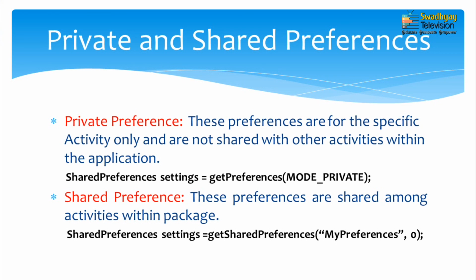The first argument specifies the name of preference which is stored in form of file. So, this is how you can create instance of private or shared preference. Difference is clear. Private preferences are used by particular activity, shared preferences are used by all activities within your application.